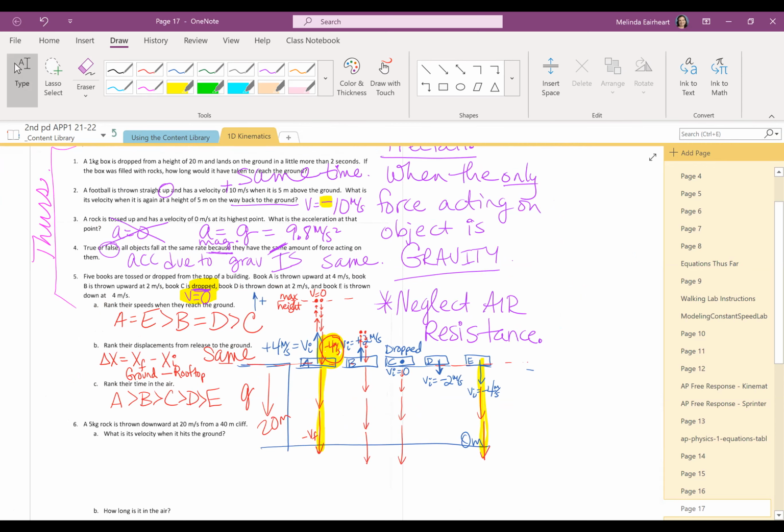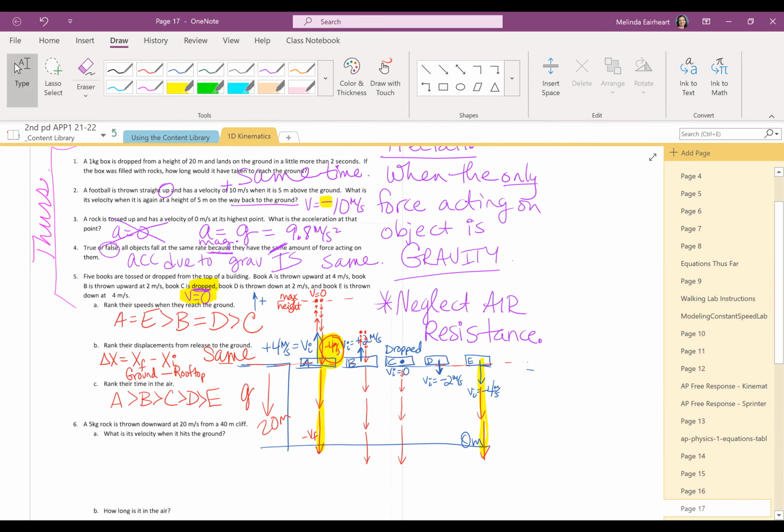The acceleration is never 0 in free fall when you neglect air resistance. The only time it would reach 0 is the terminal velocity case, which is coming. There may be one question, it's very rare, but most cases we neglect air resistance. And then we see how falling objects at different speeds and directions have different rankings.